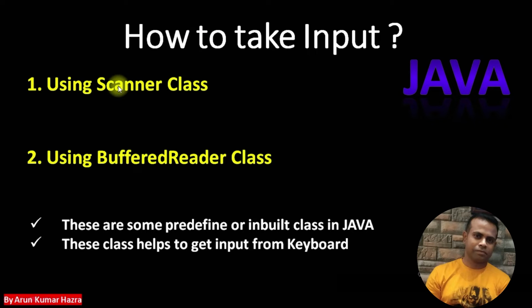Today we will learn the first one, the Scanner class, and in the next class we will learn how to use the BufferedReader class to take the input. So today our aim is to use the Scanner class and understand how to take the input.